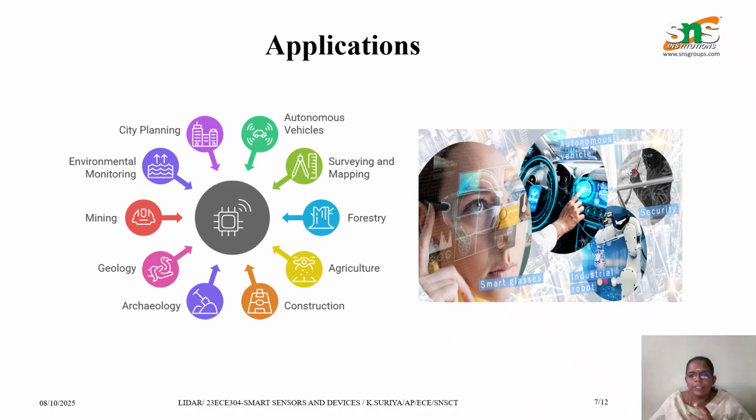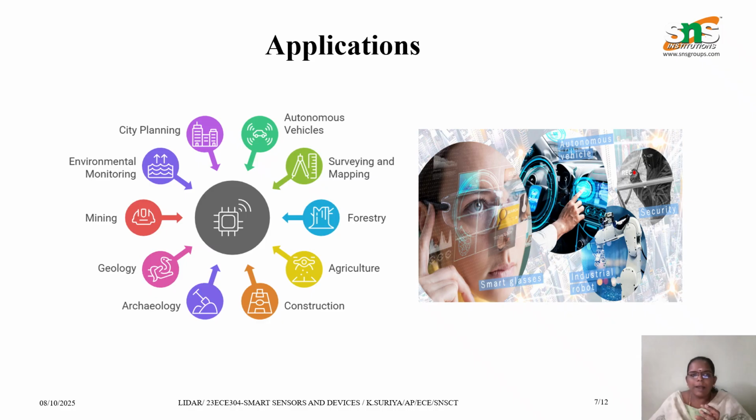Next are the applications of LiDAR, where it is used in a wide range of applications like agriculture, forestry, surveying and mapping, construction, autonomous vehicles, geology, city planning, and is used to monitor coastal erosion, map wetlands, and assess the impact of climate change. It is also used for mine surveying, stockpile volume estimation, and safety monitoring.